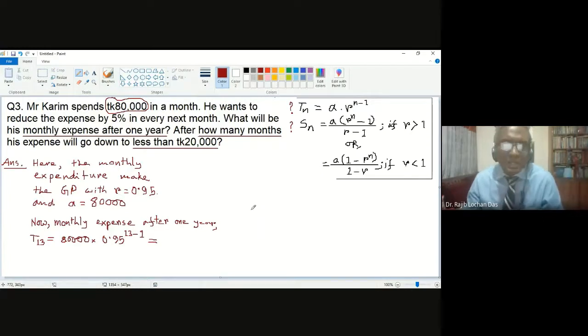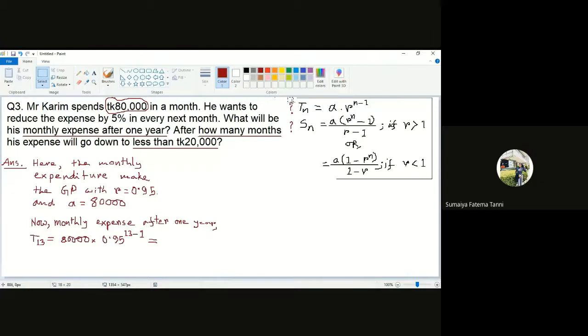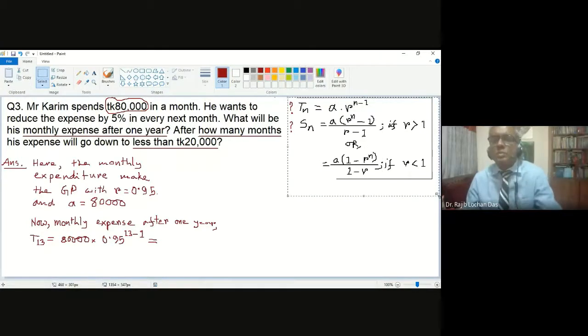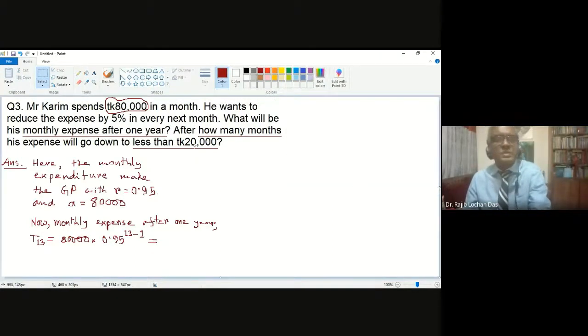Is it again S formula or T formula? S formula? No. Why S formula? Again, the monthly expense is 20,000, less than 20,000. So this is again T. You do not know T7 or T10, but it is the T formula.